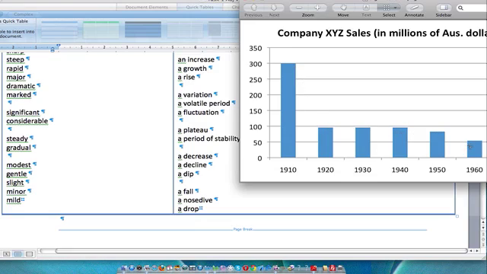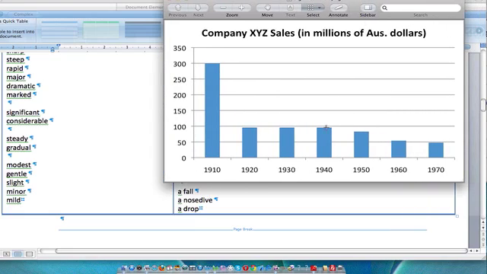Between 1950 and 1960, this is not a nosedive, but we could describe it as, say, a modest drop. So we had a modest drop between 1950 and 1960, or between 1940 and 1970, we had a gradual decline. Okay, so this decline here, it's moving at more or less equal increments, and we could describe the whole thing as a gradual or a steady fall.